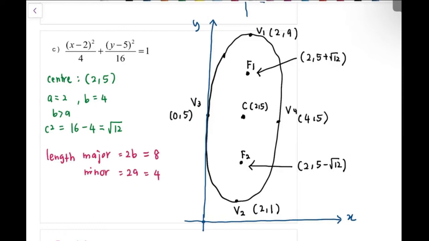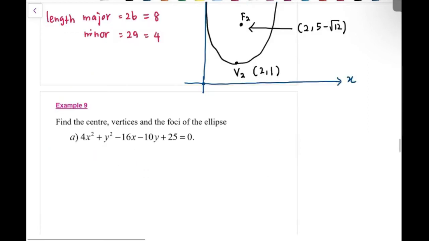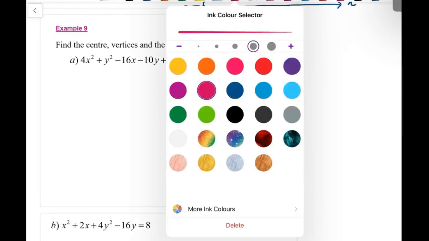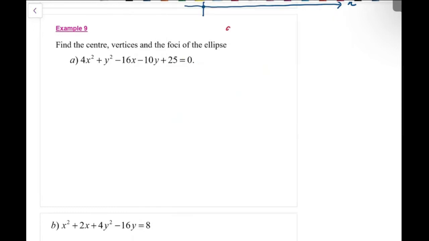From the equation, we have to find all the coordinates and then sketch our ellipse. Okay. Next one. We have to find the center, vertices and foci of ellipse from the standard equation. Okay, so remember here what we discussed just now. From general equation ellipse, how do I know this is general equation?